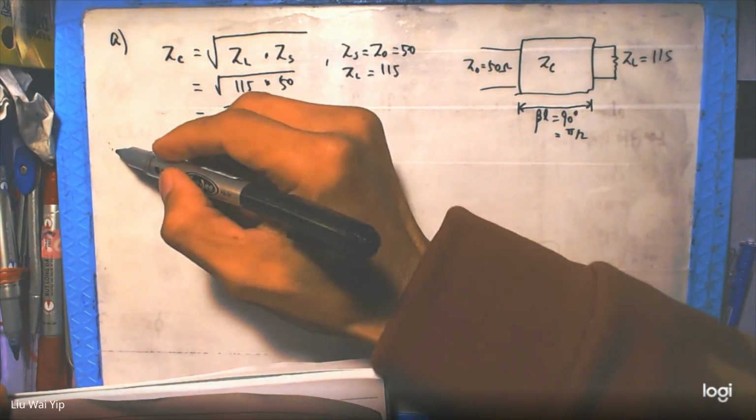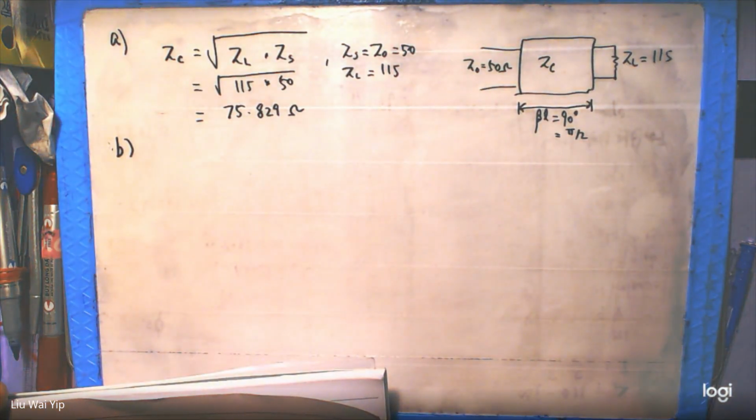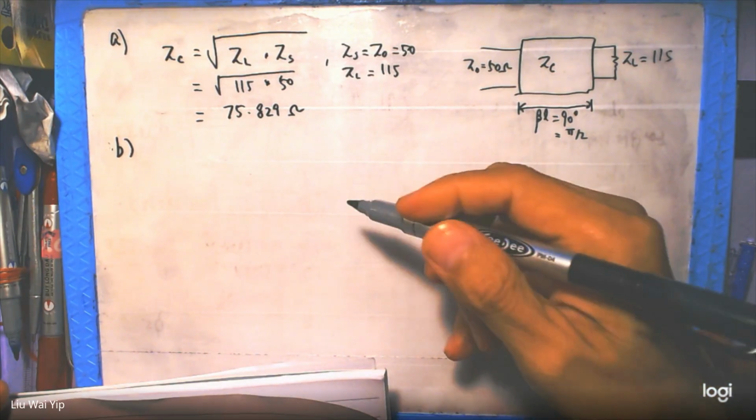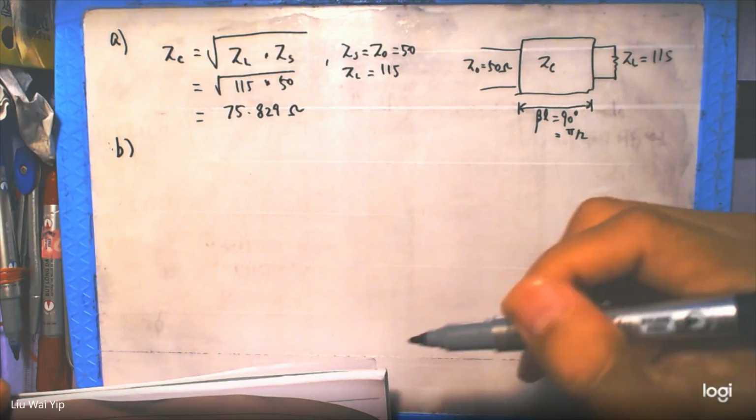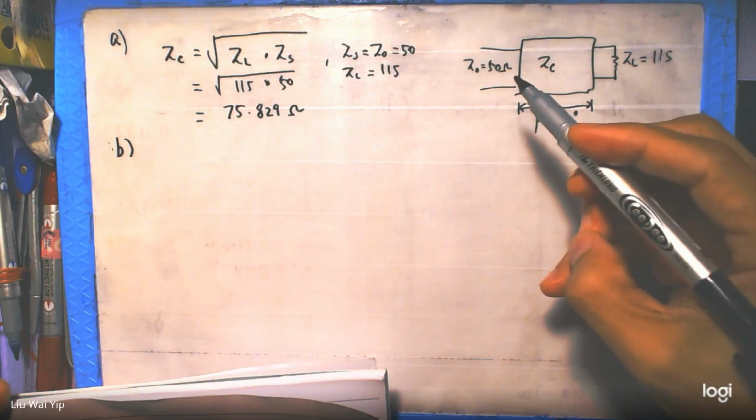Part B. We need a percentage bandwidth. What it means here is the bandwidth.